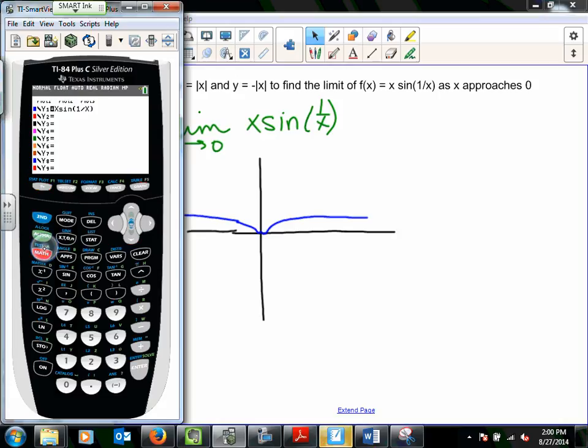In math, you find the absolute value of x and negative absolute value of x. It's all squeezed.